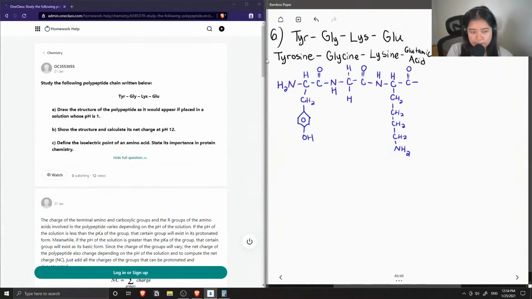And then finally, we'll draw glutamic acid. So this is its amine group, its carbon, and then it has a 3-carbon chain.